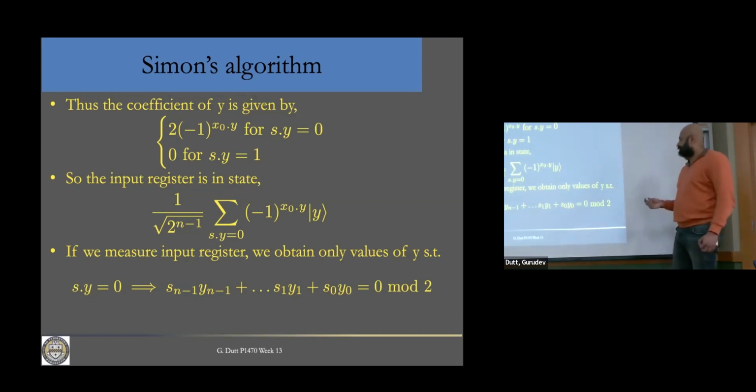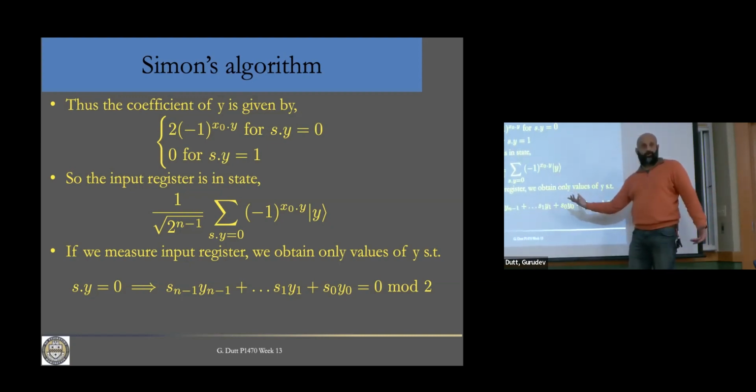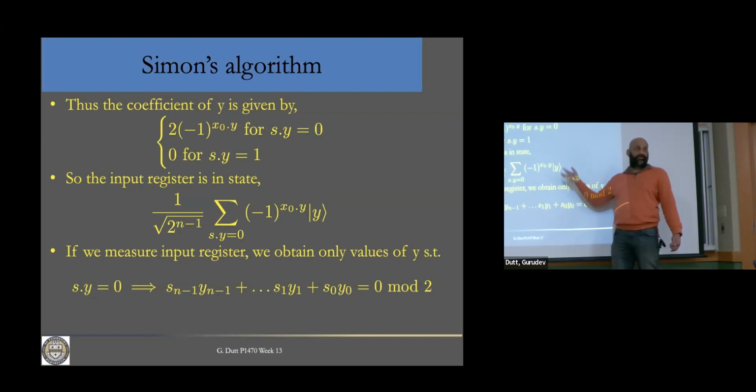The s dot y, this dot product, this is the meaning of it. So that is an equation with n unknowns. The n unknowns are s n minus 1, through s1, s naught. Those are the unknowns, so there are n unknowns, and this is one equation. Remember, y will be given to us when we measure.